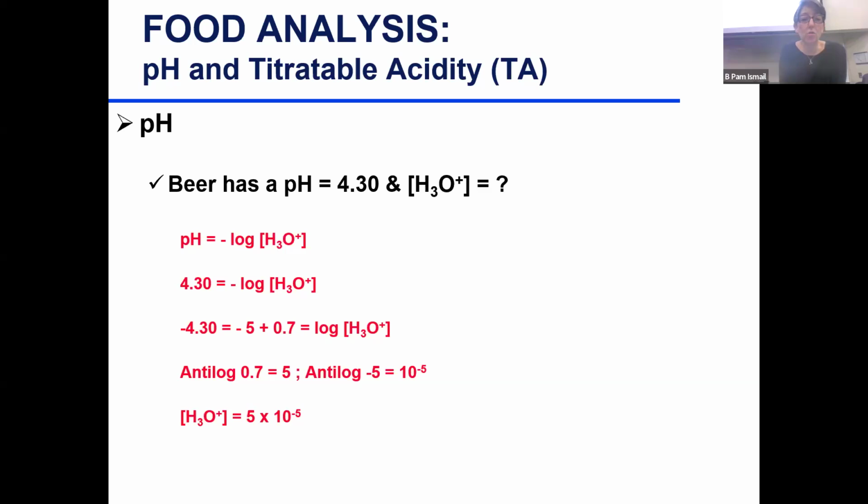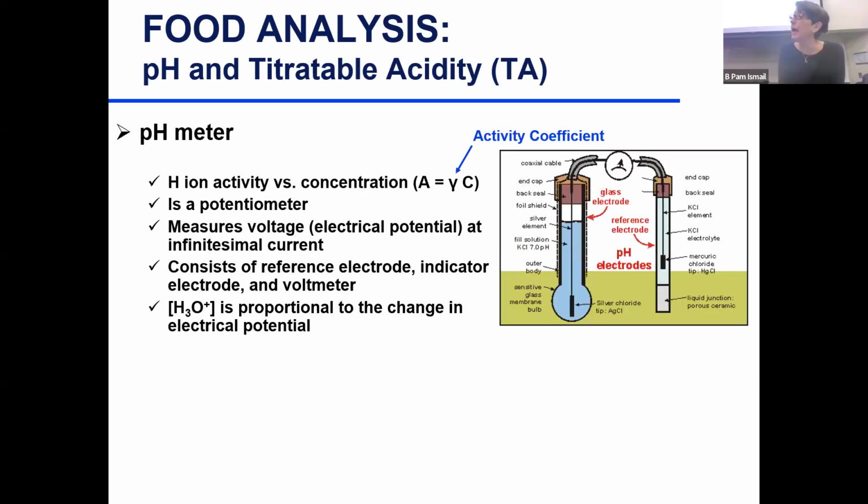All right. So we're going to measure pH of some reagents or beverages during the lab on Wednesday. And you already used the pH meter before, and that would have been the 3rd lab. So you're familiar with the pH meter. Here in this slide, it just tells you what the pH meter is measuring.